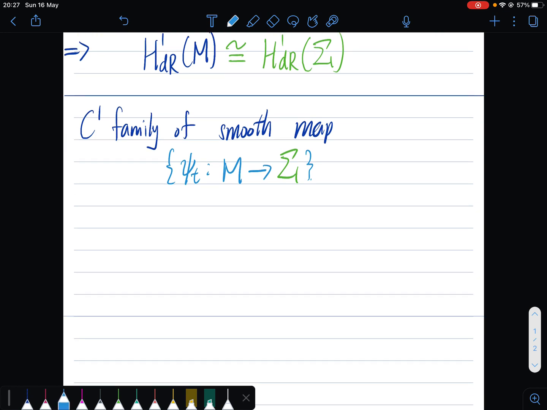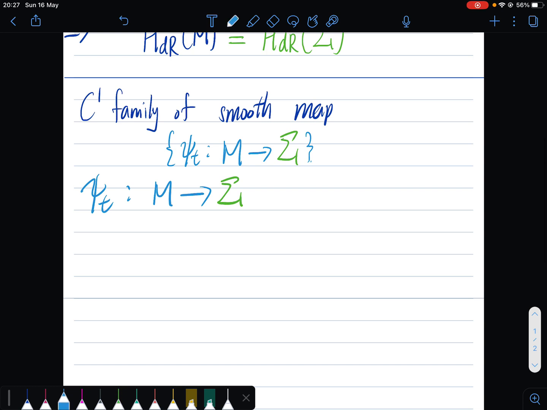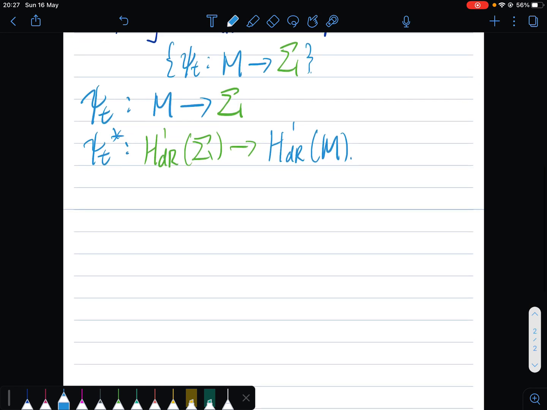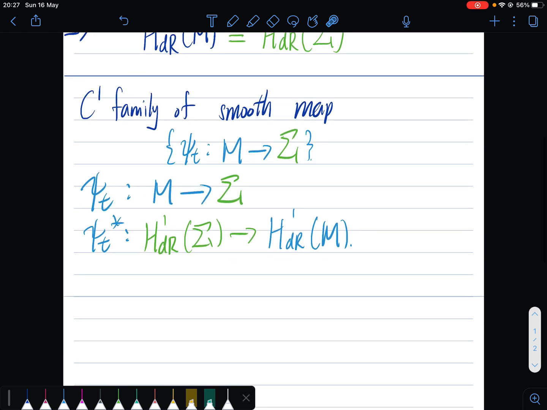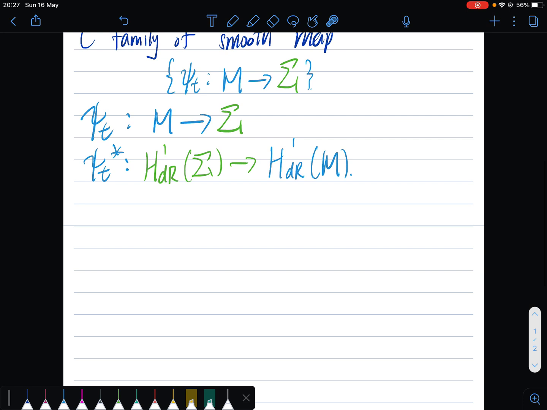So we can see that the psi t map will map from M to sigma, this submanifold, which will also induce a pullback map from the Dirac cohomology group of sigma to the Dirac cohomology group of M. So in order to show they are isomorphic, we need to find an inverse function of the pullback of this psi map.